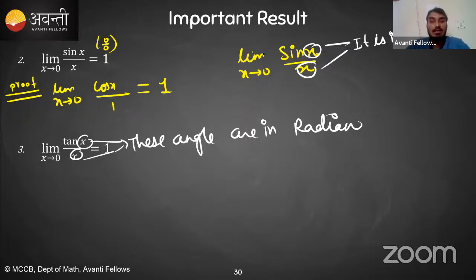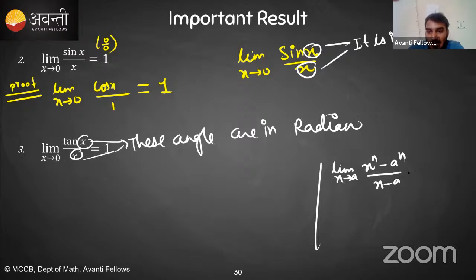So three important results we have seen so far, right? The first one is limit x tends to a, x raised to the power n minus a raised to the power n divided by x minus a. How much is it? n times a raised to the power n minus 1.